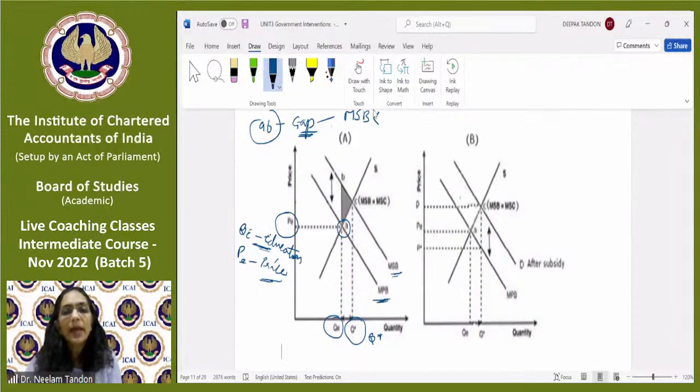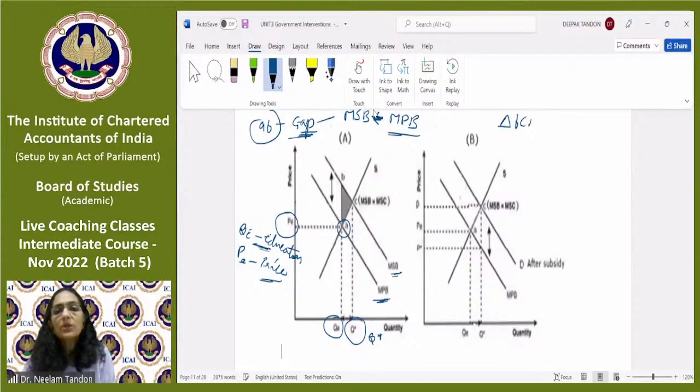So the gap between the marginal social benefit and marginal private benefit is the gap, and this is loss. So this triangle BAC is the welfare loss.